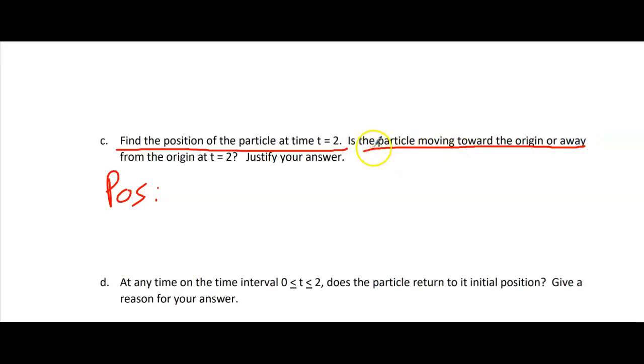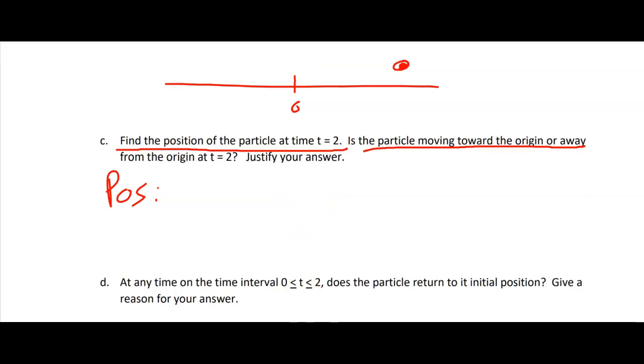Now, a lot of you guys tried to answer this question without doing something that's very important. Let me kind of illustrate this for you. So let's just say I have a number line. The particle's moving along an x-axis. And let's say the origin's right here. And let's say the position at t equals 2 is like right here. Well, if it's there, then if it's going to be moving towards the origin, then it would have to be going left.